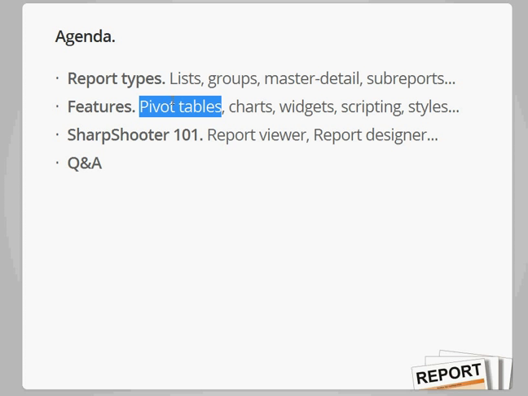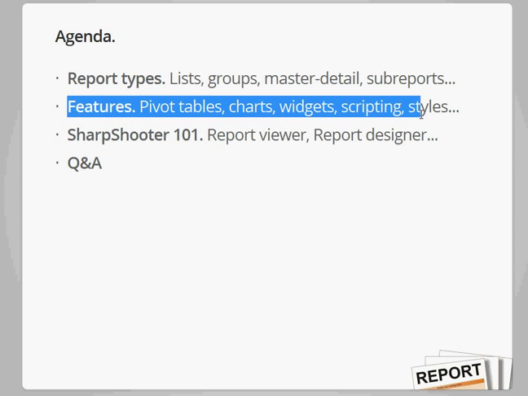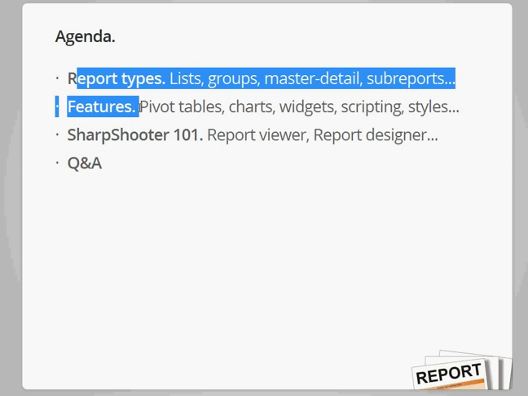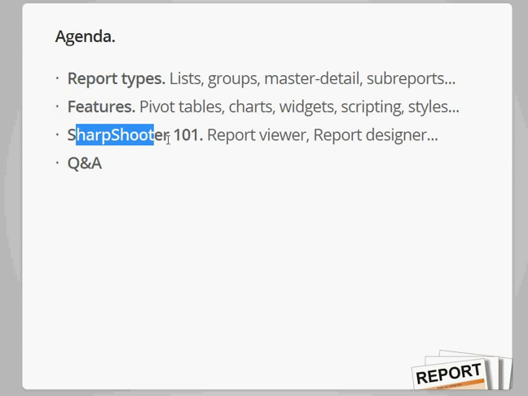You can have pivot tables in lists and in groups, or charts in any of those, or you can use scripting in any of those, and we will look into all those individual features one by one.